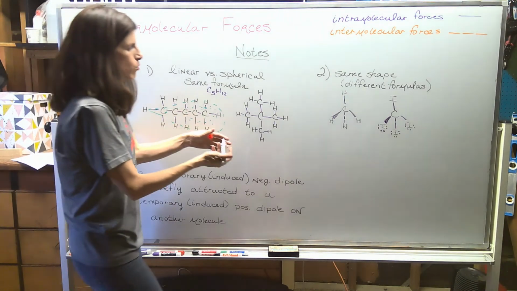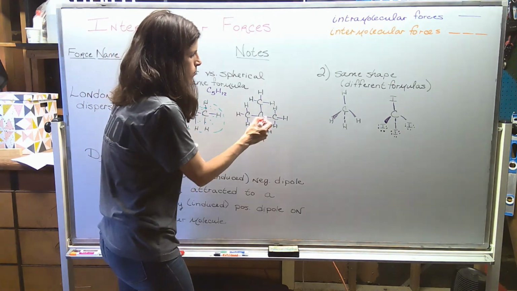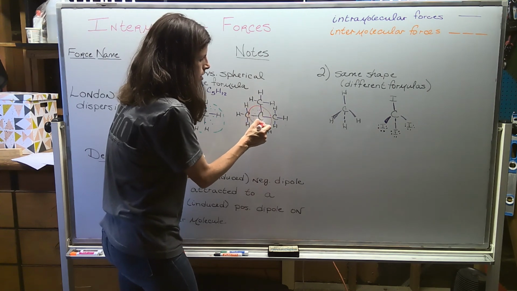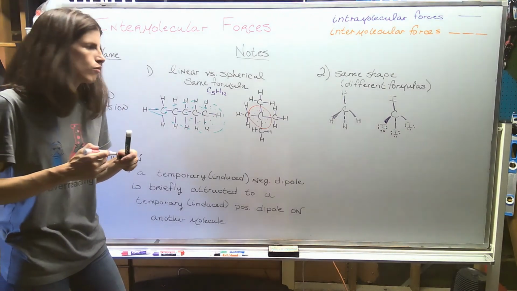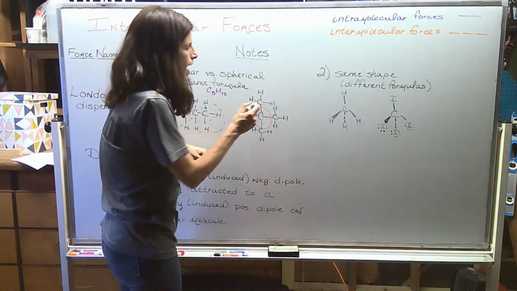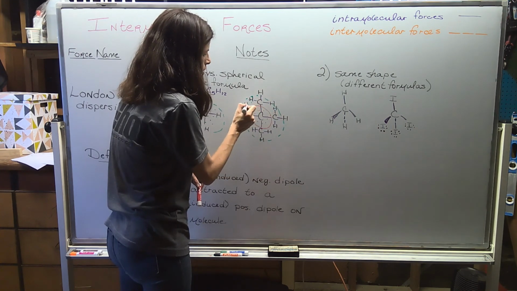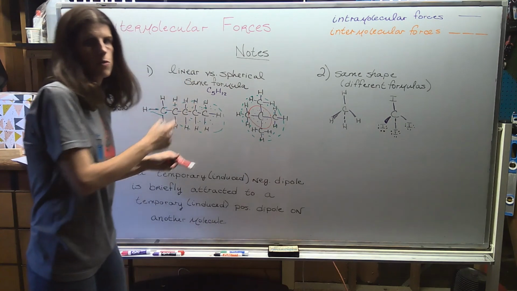When you get something that's more spherical in nature, a bunch of the electron cloud is going to be in the middle, and it's not going to be able to interact with anything around it. So only the outside layer of electrons will be involved in creating the London dispersion force when the temporary dipole occurs.